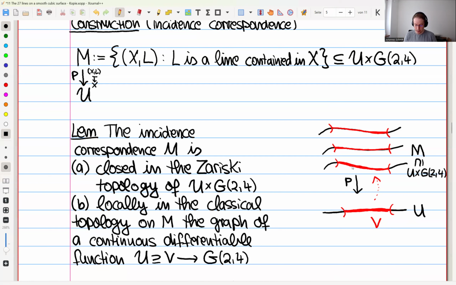So in other words, any point here, in a small open neighborhood, is the graph of a function like this. Okay, and this we want to show, and then we're going to see in the next video how this helps us.